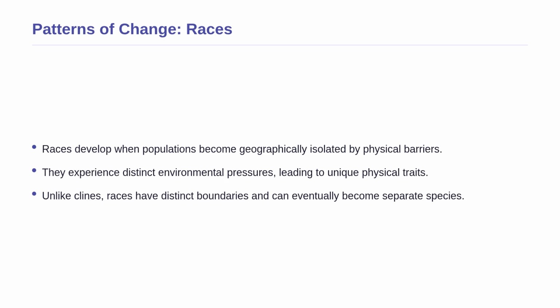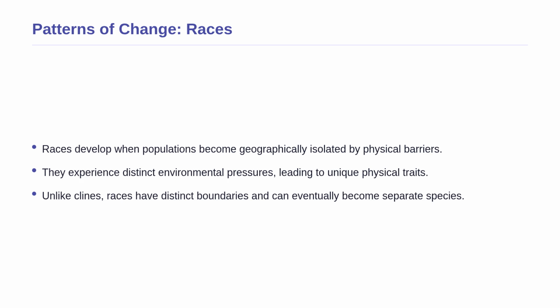The final pattern we will discuss occurs when populations are completely cut off from one another. When populations become geographically isolated by physical barriers like rivers or canyons, they experience distinct environmental pressures. This causes them to develop into distinct races, also known as ecotypes or subspecies.